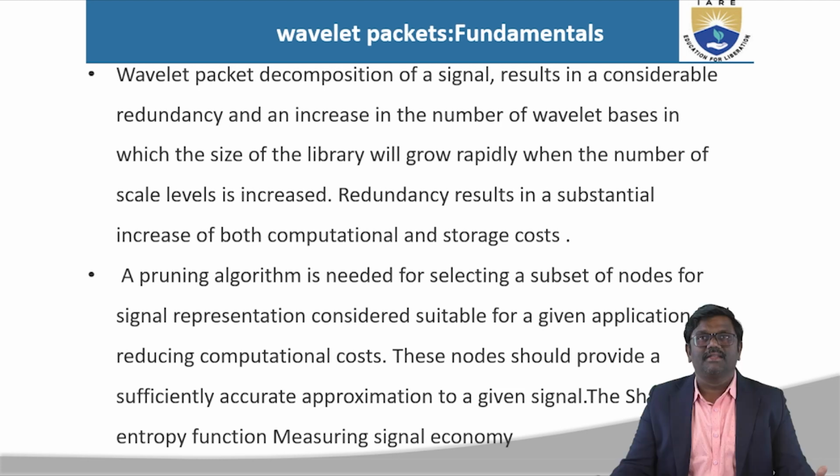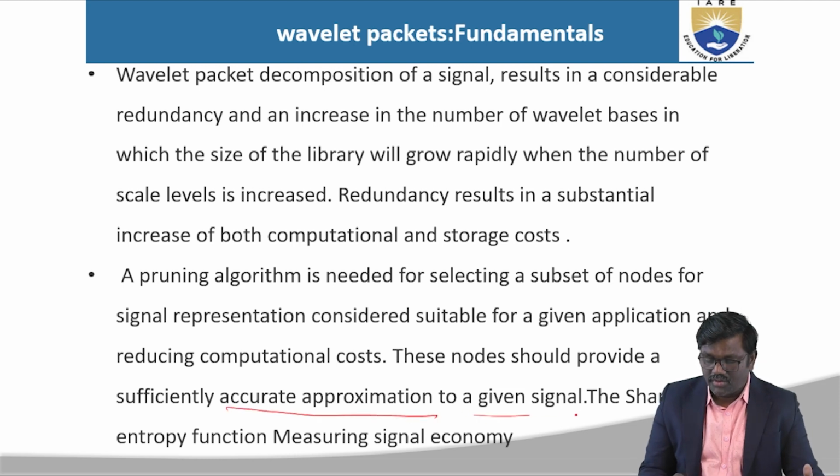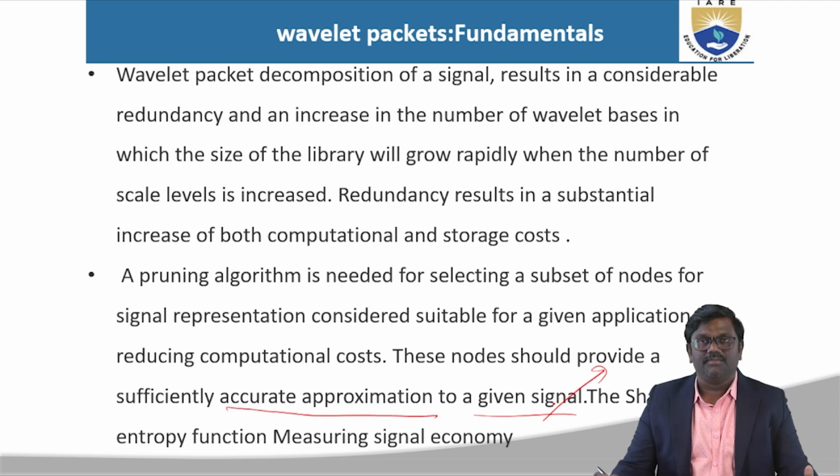A fast algorithm is needed for selecting a subset of nodes for signal representation considered suitable for a given application and reducing the computational cost. That means these nodes should provide a sufficiently accurate approximation of the given signal, that is the image.